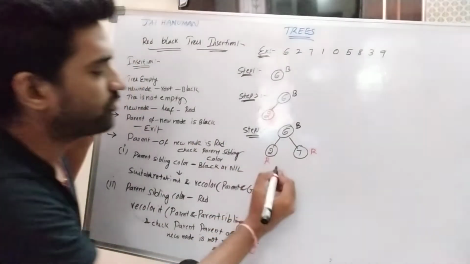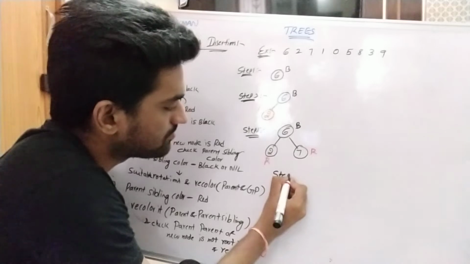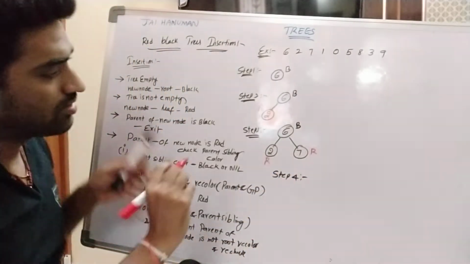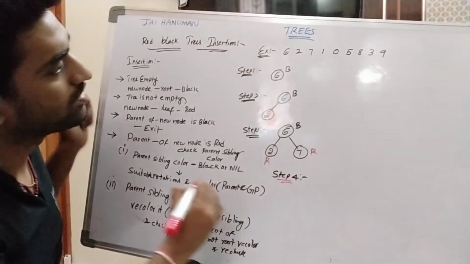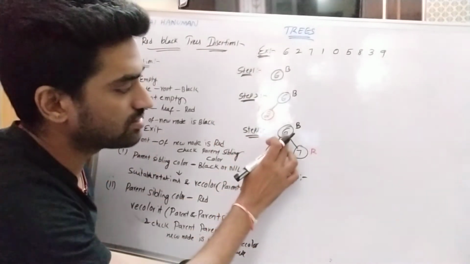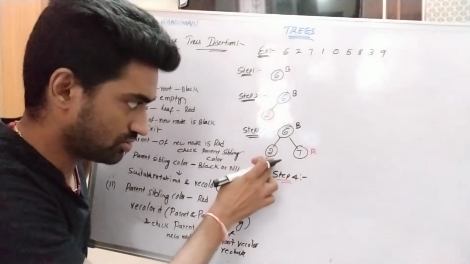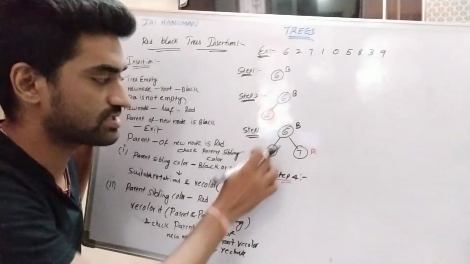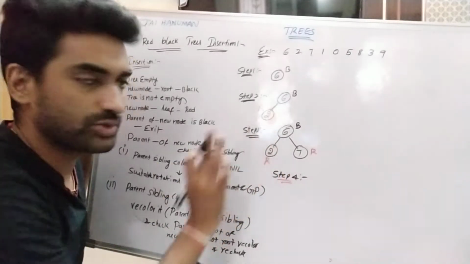So what is step 4? The next element is 1. 1 is less than 6 and less than 2, so we place it left of 2.